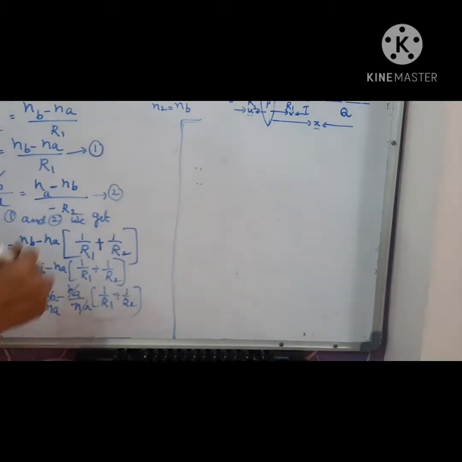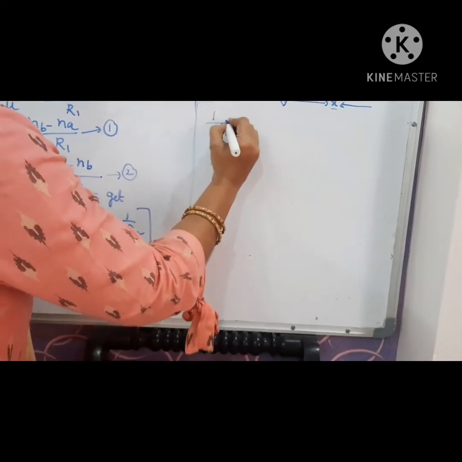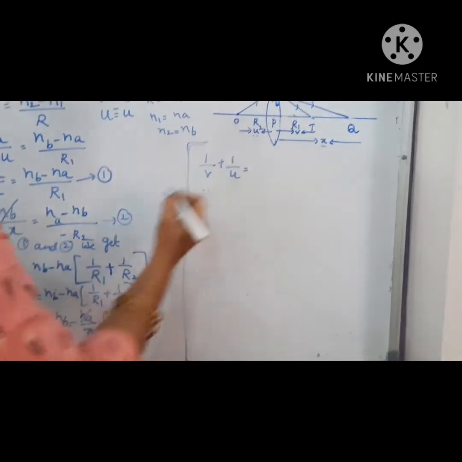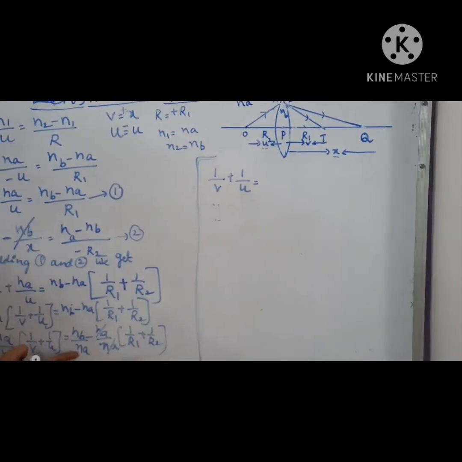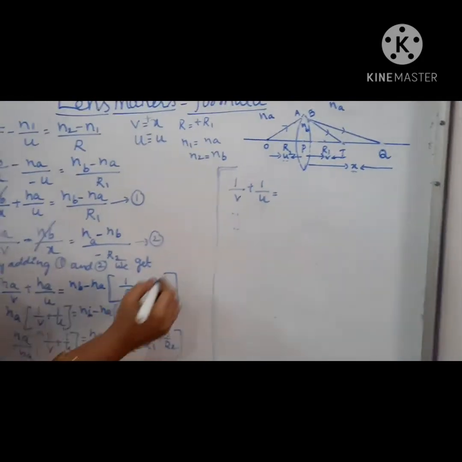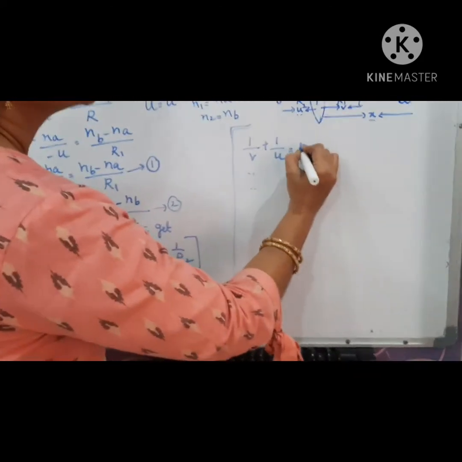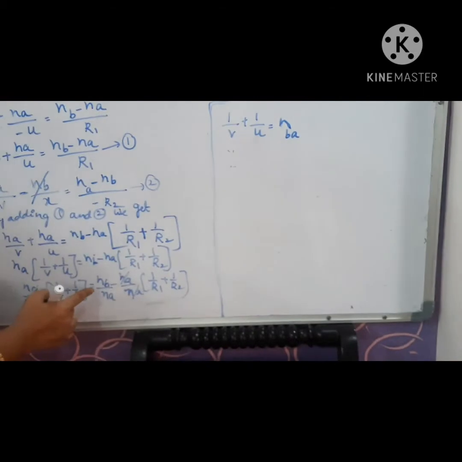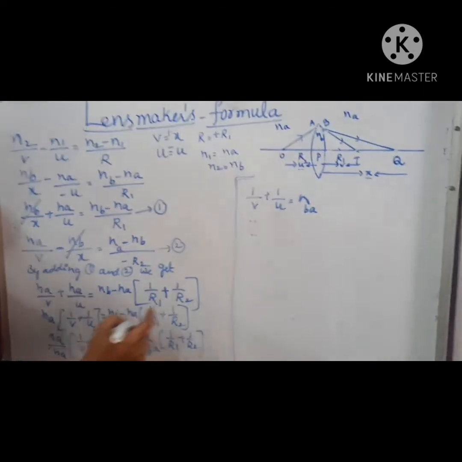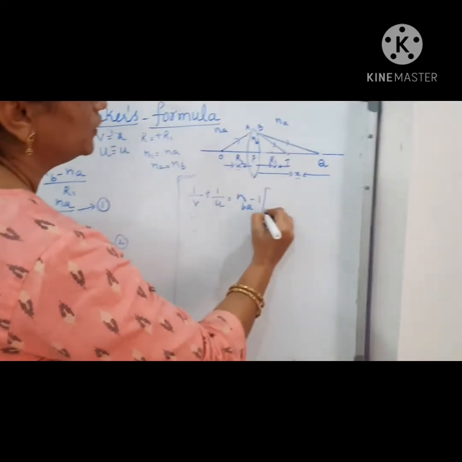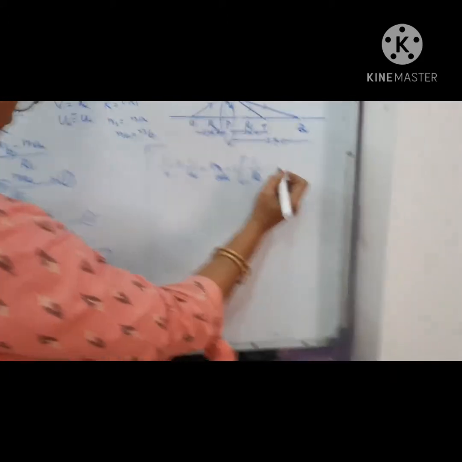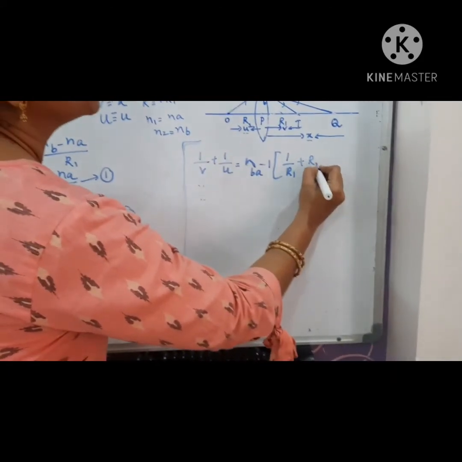We'll get 1 by V plus 1 by U is equal to Nb by Na. Nb by Na we can write as Nba. It is the relative refractive index, the refractive index of the second medium with respect to the first medium, minus 1 into 1 by R1 plus 1 by R2.